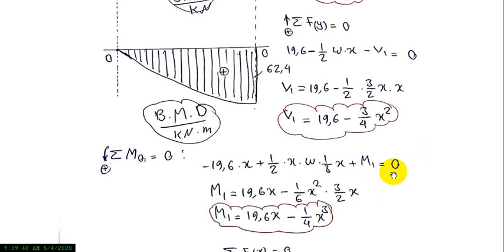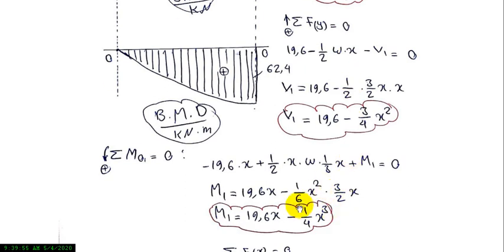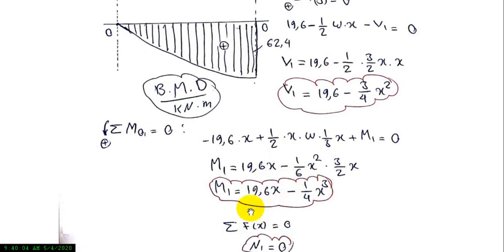So we can carry this part to the other side of this equation, and the sign changes, negative to positive and positive to negative. And also we put the price of w from this equation, and after the operation and simplification, we obtain this equation.